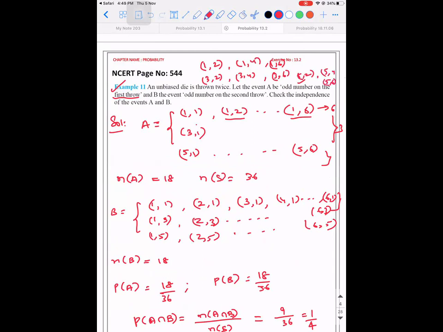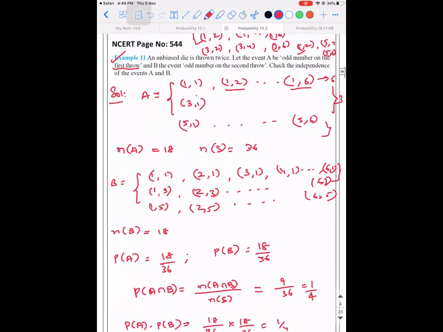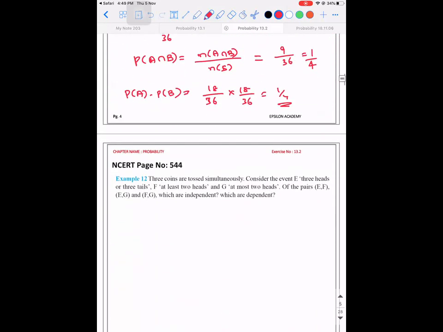How many elements are there? 9 elements. So 9 out of 36. Both should simultaneously satisfy. That is the meaning of intersection. So here also we can conclude that these two events are independent.